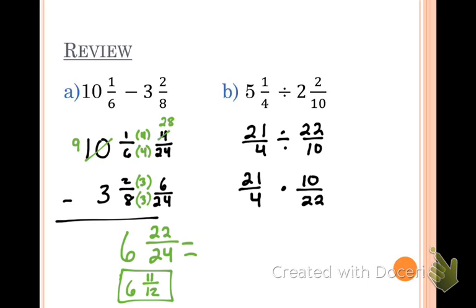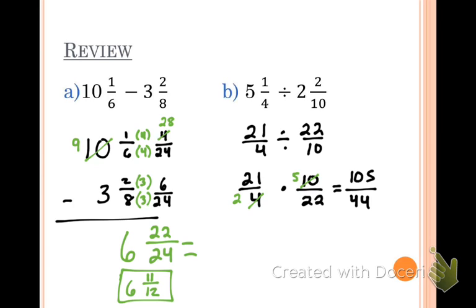Okay, a lot of people on the test yesterday at least got this far, and then they made some silly mistakes. So let's look. Is there anything I can cross reduce? Yes. 4 and 10. What do they become? 2 and 5. All right, so as I multiply this out, 21 times 5 is 105, and then we know 2 times 22 is 44, okay?